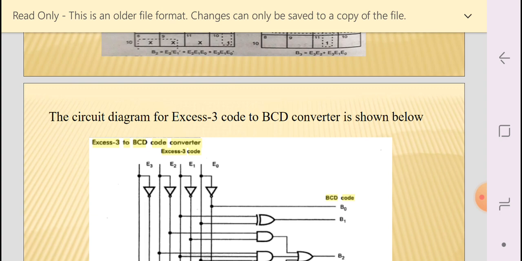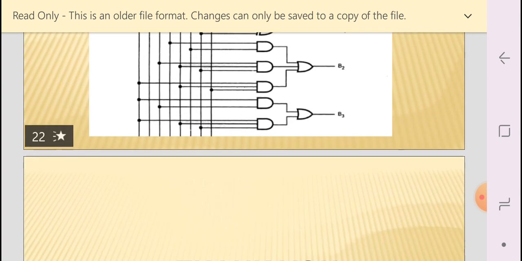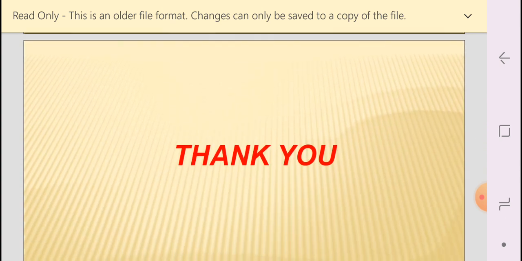So here we basically learned about the codes, basic idea of the codes, and the code converter circuits. Here the most important thing is the code converter circuits, how we can convert and get different codes from another code. So I think you have learned the code conversion techniques.